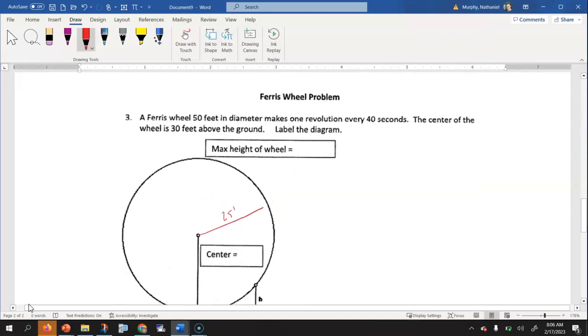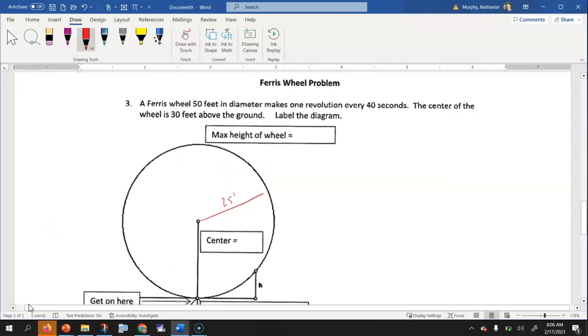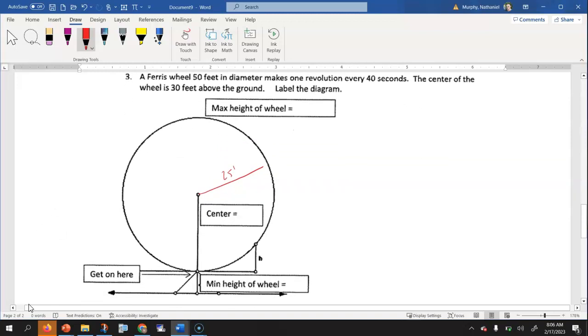So if they say the center of the wheel is 30 feet above the ground, that means from here to the ground, that's 30 feet. And if the radius of the circle is 25, that means the distance between the bottom of the Ferris wheel and the ground is 5 feet. So the minimum height of the wheel would be 5 feet above the ground.